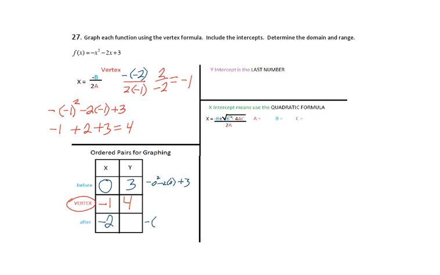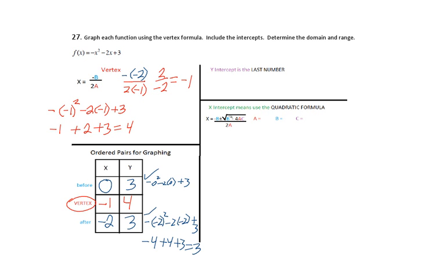If you do negative 2, you get negative 2 squared minus 2 times negative 2 plus 3. So that's negative 4 plus 4 plus 3, which is still 3. Here's a hint: the before y and the after y will always be the same.